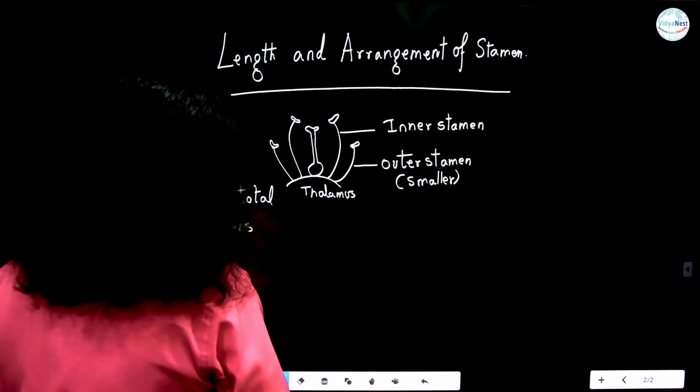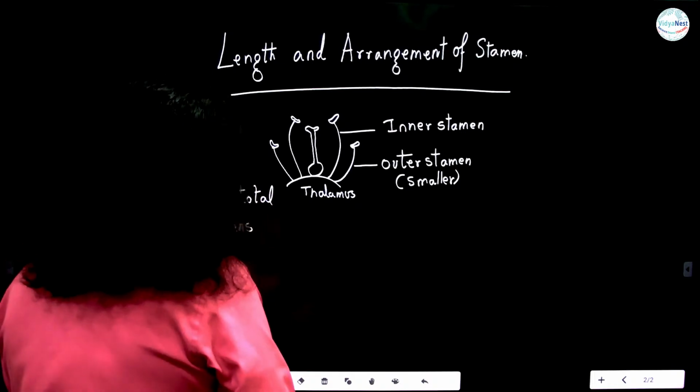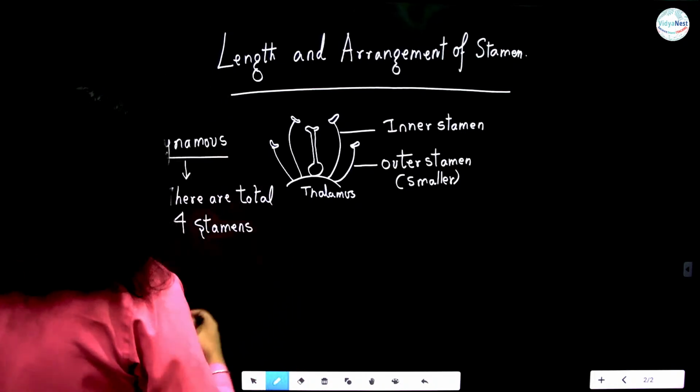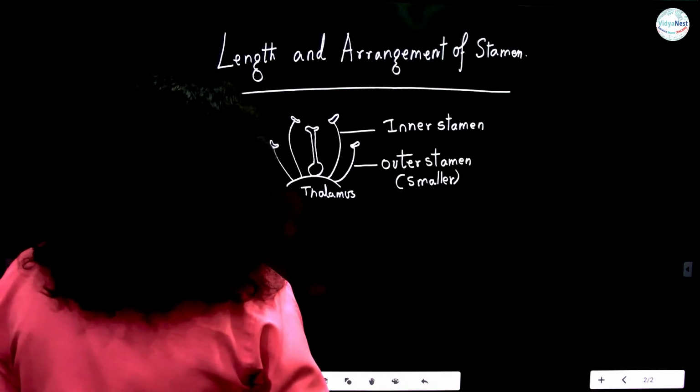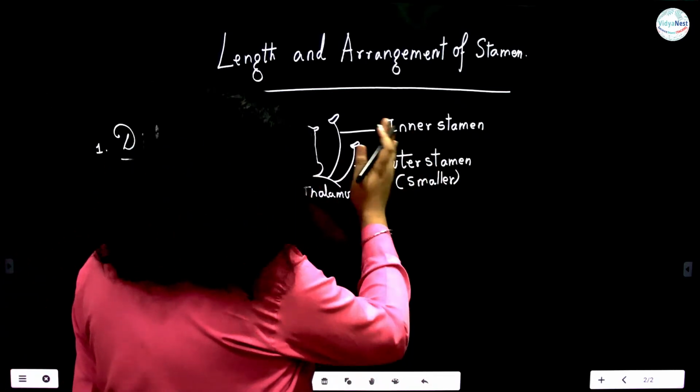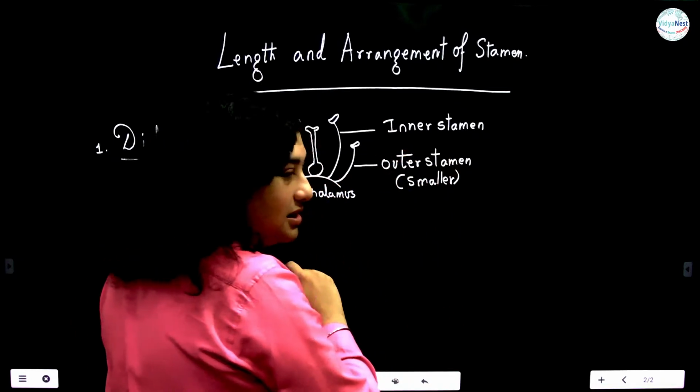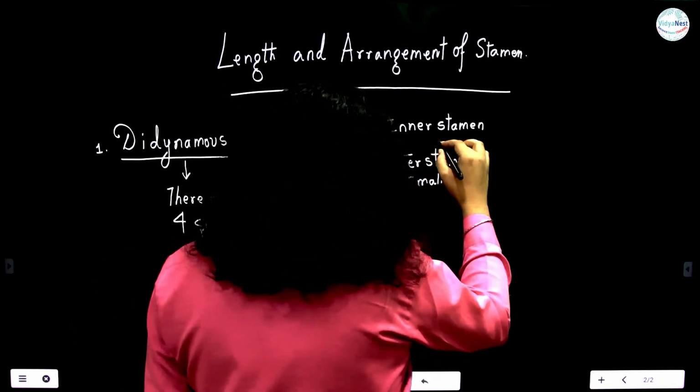The outer stamens, on the outer side of the thalamus, are smaller in size, while the inner stamens, located on the inner side towards the gynoecium, are longer.